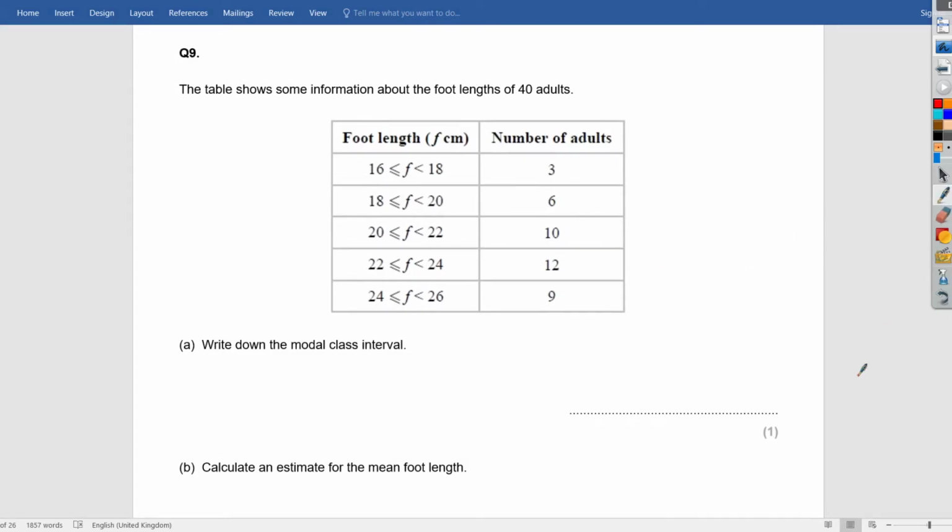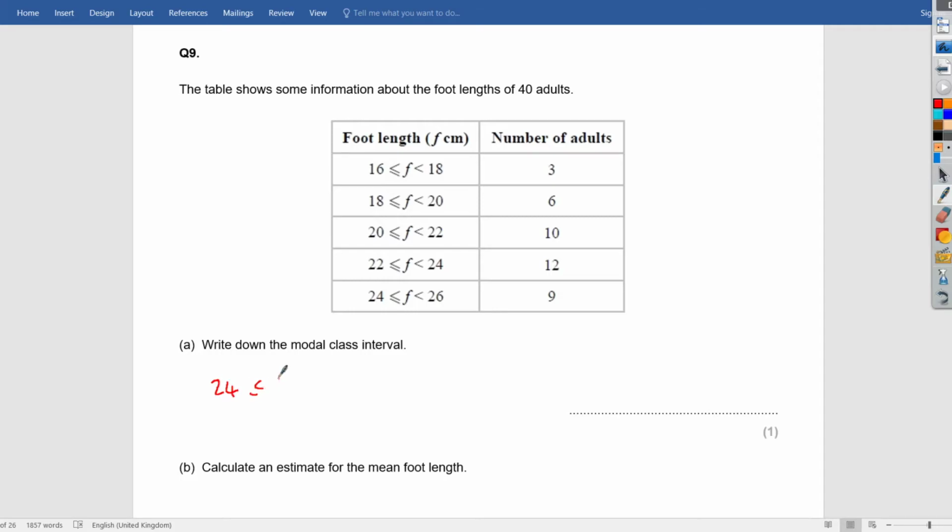work out, first of all, the modal class is the one with the highest frequency, and the one with the highest frequency here is 12 adults, and that's going to be here. So the table shows information about foot length of adults, and the foot length on average is between 22 and 24.